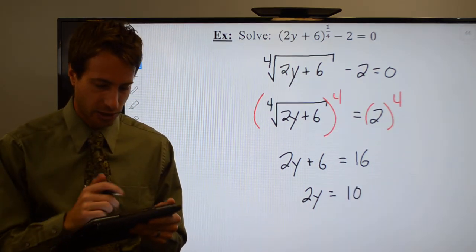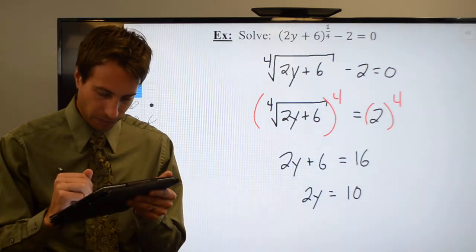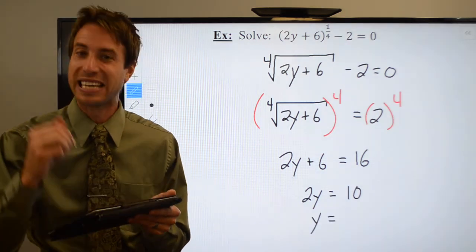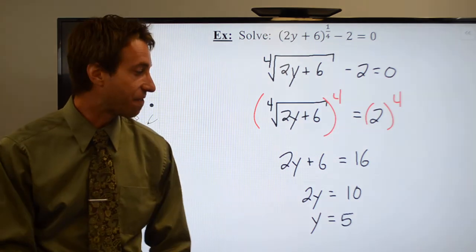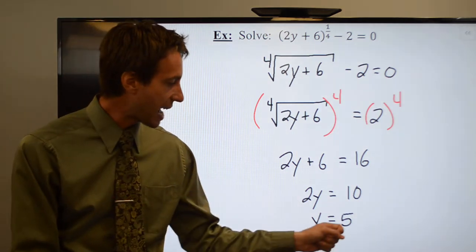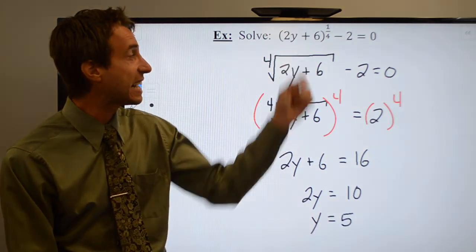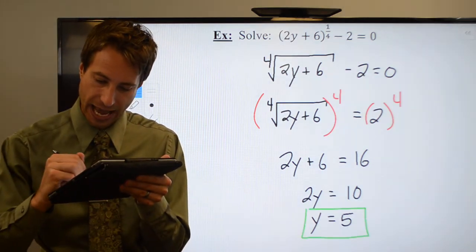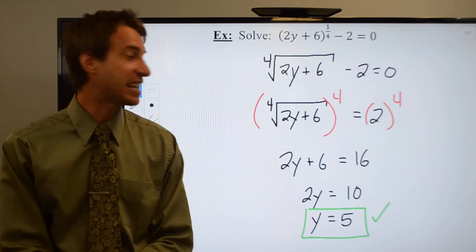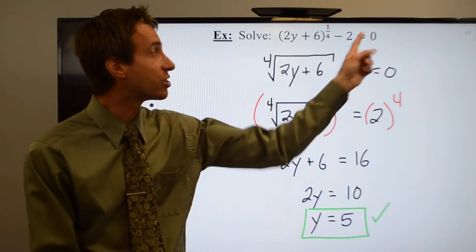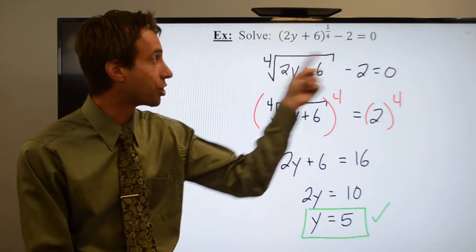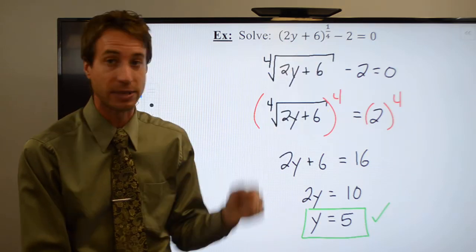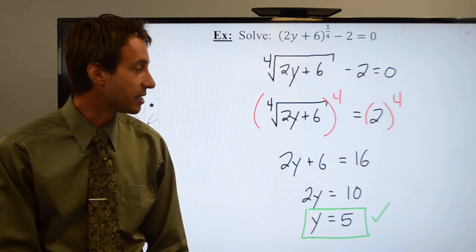Let me slide up just a smidge. y is going to be equal to 10 divided by 2, which is 5. Again, go ahead, take that 5, plug it in for y, check your solution, and it'll check out. y equals 5 is a solution. Both sides will be equal. When you plug in a 5, this will turn out to be 0. And of course, 0 is equal to 0.